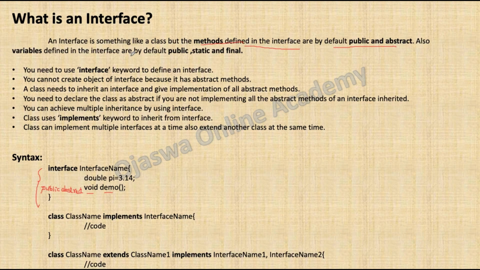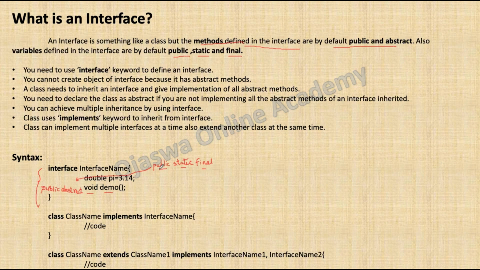Also, variables defined in the interface are by default public, static, final. Means that here we have a variable defined double pi equal to 3.14. So over here, in the variable definition, the compiler will precede this statement with modifiers public, static, final. So variables defined inside the interface are always public.